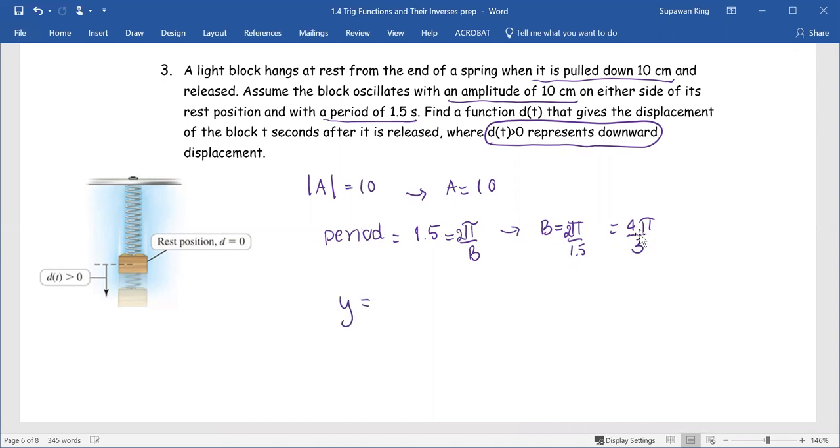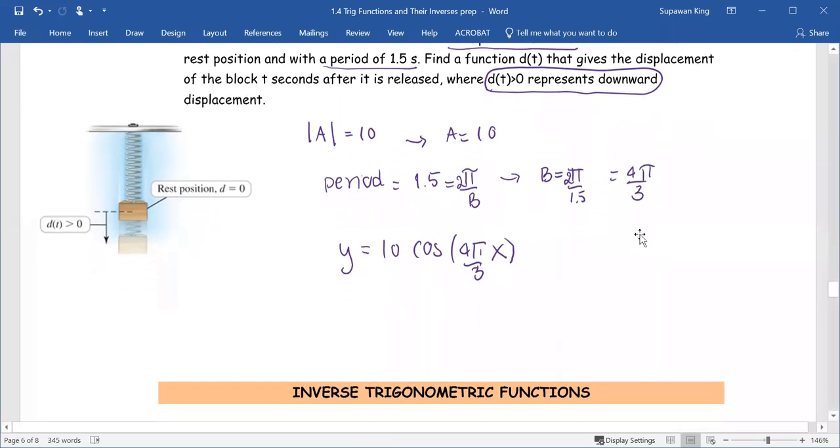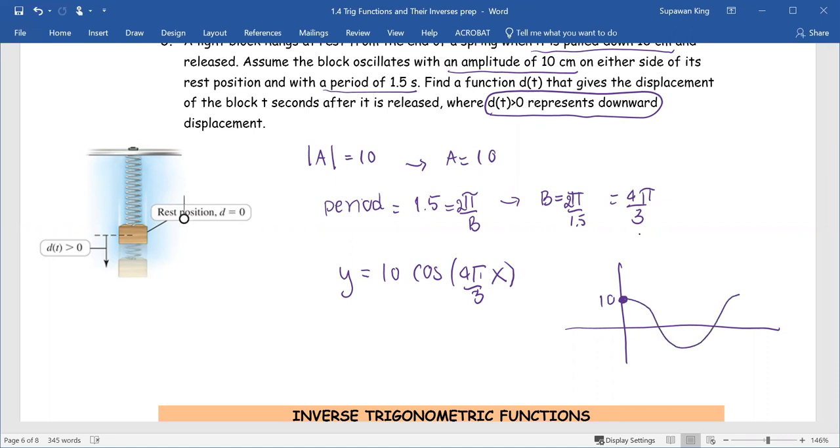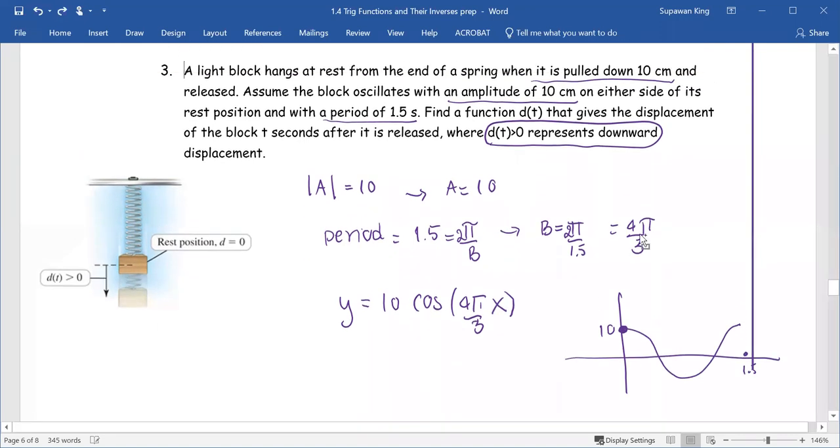So the equation for this displacement would be 10 times cosine of 4 pi over 3 times t. From the graph, at the pull down position of 10 centimeters, and the period of 1.5 seconds.